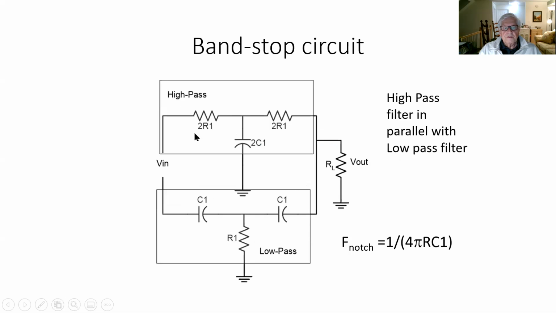We can see here we've got a high pass filter. We use a particular T-type filtering system. This is in the form of a T with 2 resistors and a capacitor, and a low pass filter using 2 capacitors and a resistor.